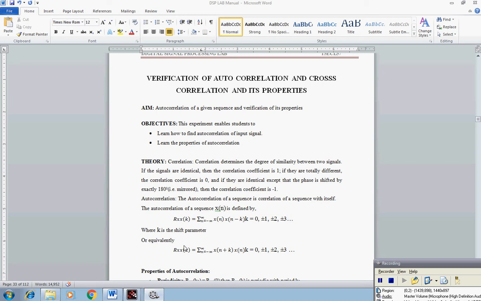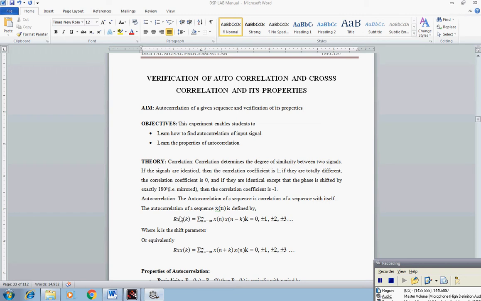Similarly, for cross correlation, rxy of k is equal to summation from n equals minus infinity to plus infinity x of n into y of n minus k, where we are considering two signals. So cross correlation defines the correlation of two different signals, whereas autocorrelation is of the same signal.